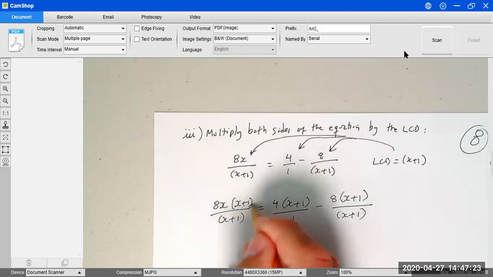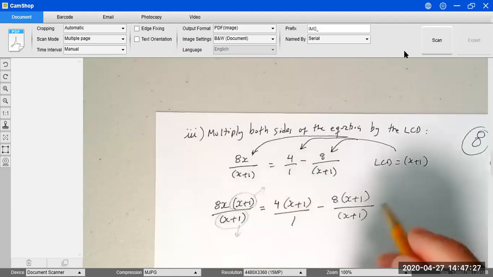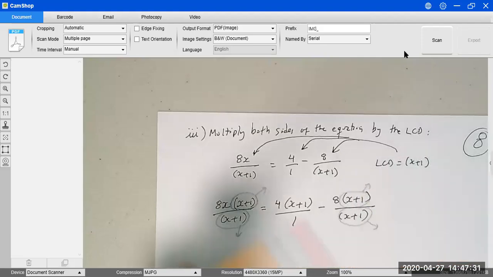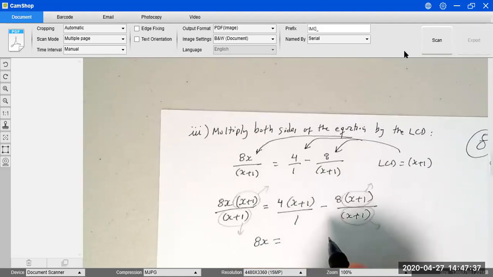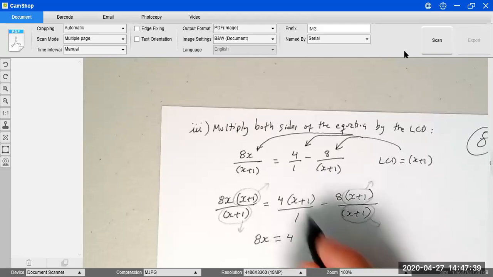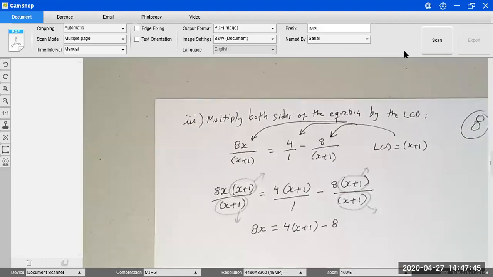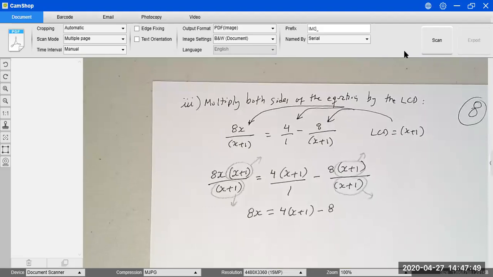So in this case, we're going to remove x plus 1 and x plus 1. So we end up with ax on the left hand side. Then we have 4 that multiplies x plus 1 minus 8. That's what we ended up getting on this equation.